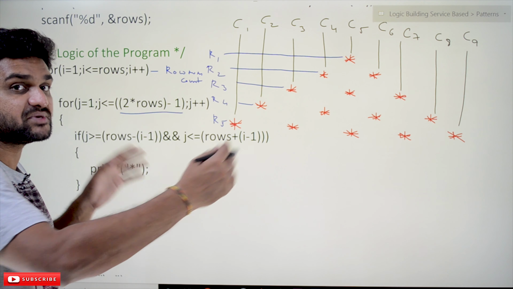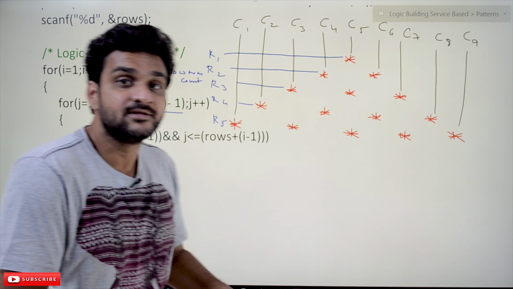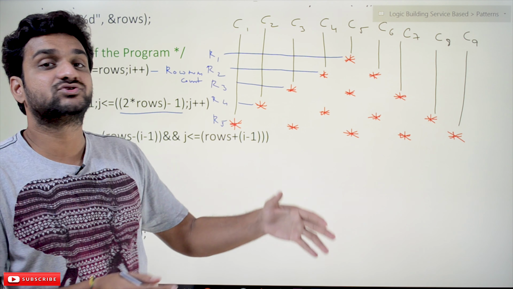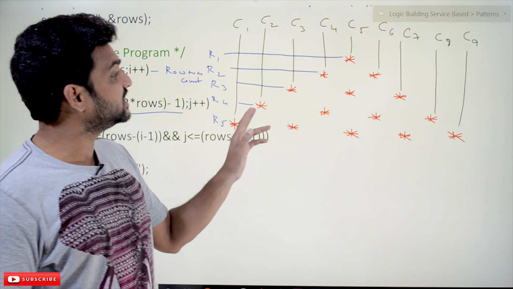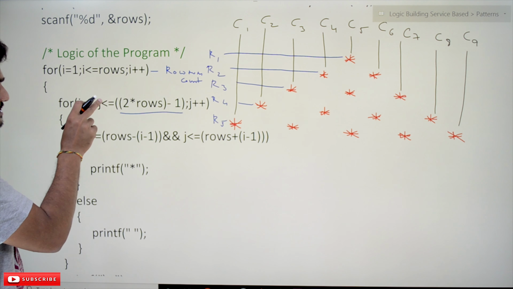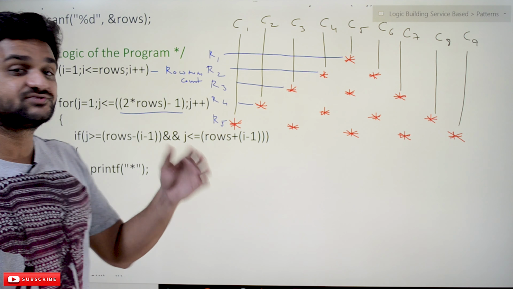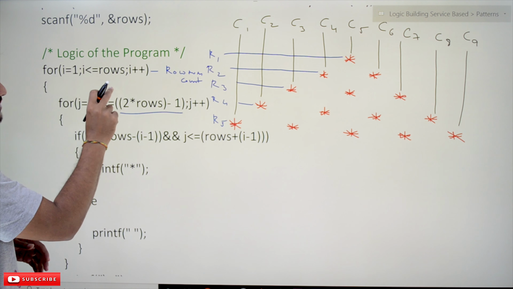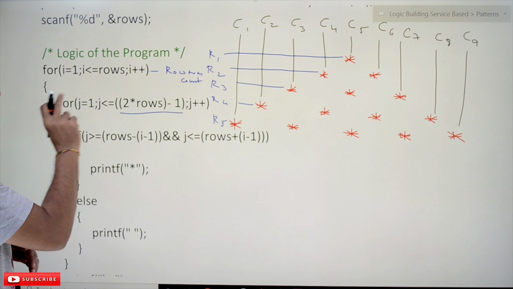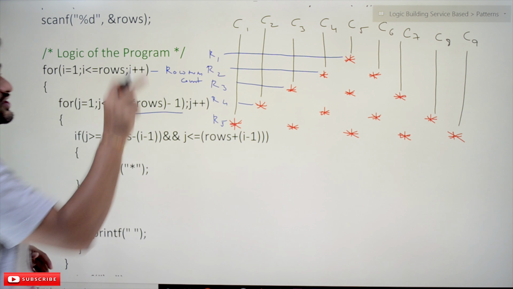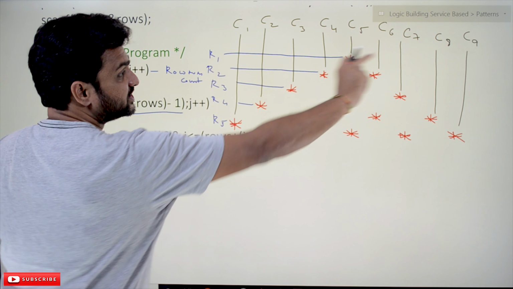So the maximum number of columns possible with 5 rows is 9, which means this for loop will iterate 9 times. Every time we come into this for loop, it is going to iterate 9 times, which means that if we are in the first row, we have to iterate 9 times.